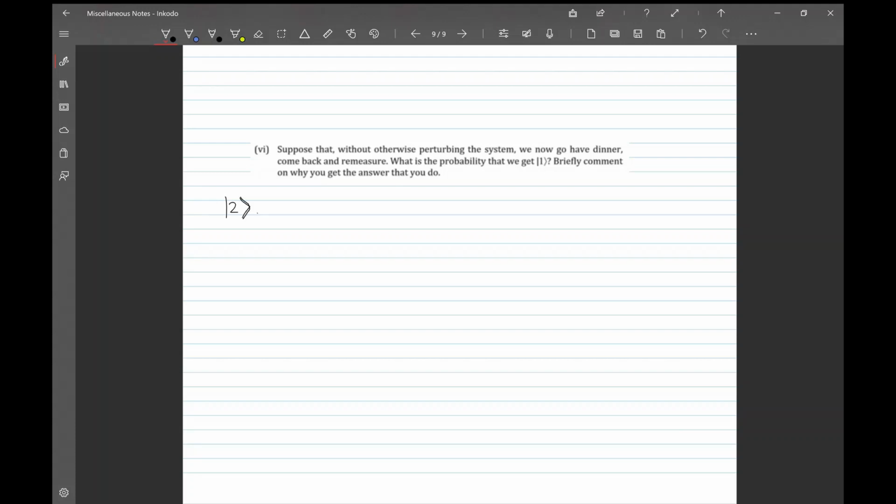So once we've made this measurement, we go have dinner. Then we come back and remeasure. What's the probability that we now measure the state of the system being 1?